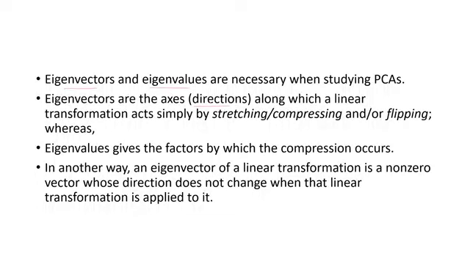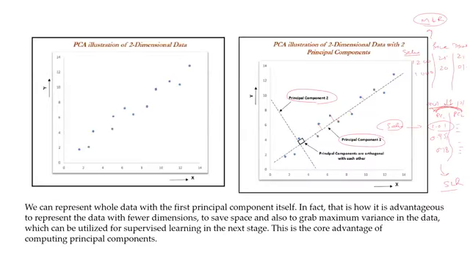For example, whether the axis should be this, or this, or this. This can be understood by the eigenvectors. So here, this is the right projection, and that can be identified by the eigenvector.